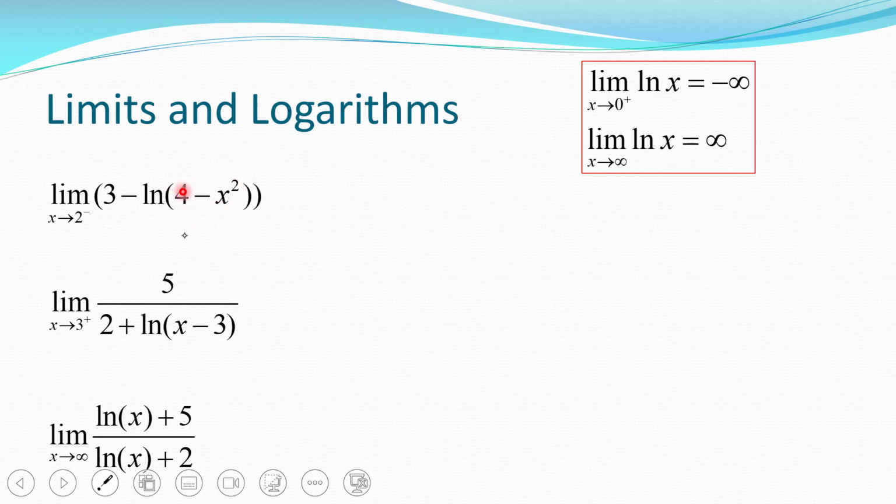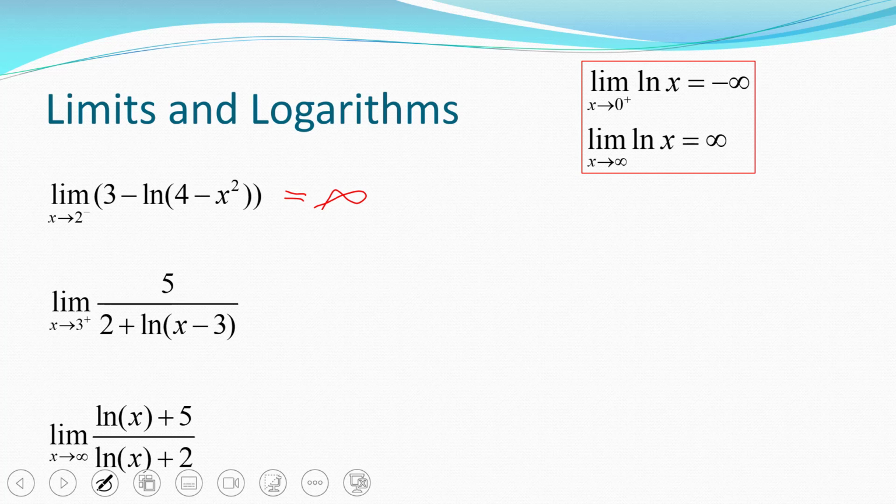So then this is approaching 0 from the right. That means that this then, based upon our fact right here, approaches negative infinity. So I have 3 minus something approaching negative infinity. That would then approach positive infinity. 3 plus positive infinity would then be, of course, infinity. This is asymptotic analysis. There really is no work.